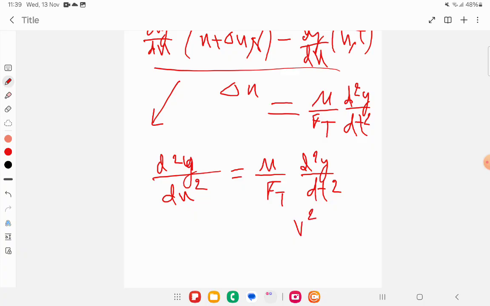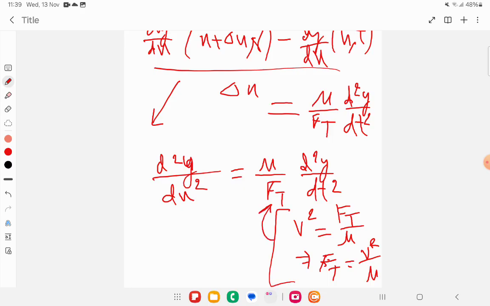V square is equal to Ft by mu. From here we can write Ft is equal to v square mu. Putting this in, we get d2y by dx square is equal to 1 by v square d2y by dt square.